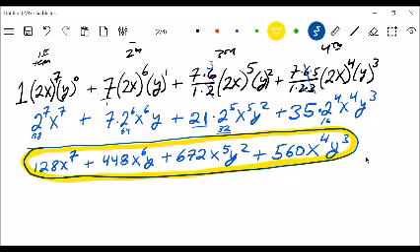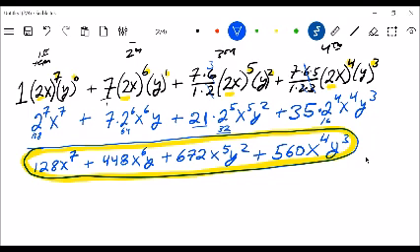Now, this was an example to show you how numbers that are in A or in B also have to be used with the exponents when it's appropriate. Here we had a 7 and 0 adds up to 7, 6 and 1 adds up to 7, 5 and 2 adds up to 7, 4 and 3 adds up to 7. But each time that the 2 is in there, it has to be raised to the power that the x is also. And that's why our numbers no longer match the Pascal's triangle.